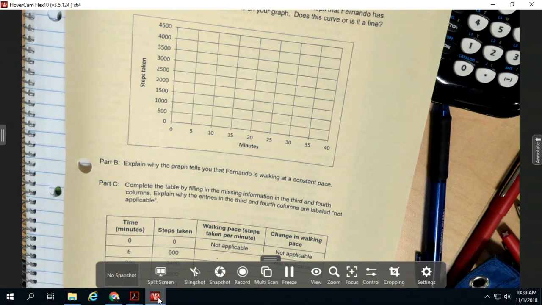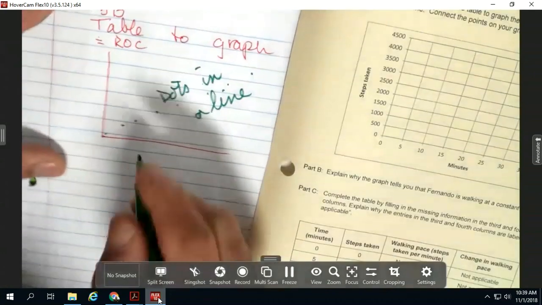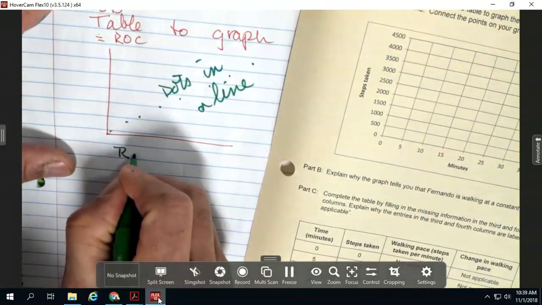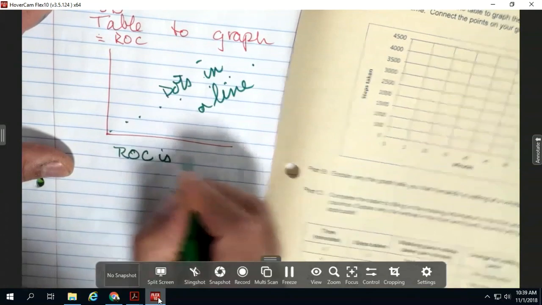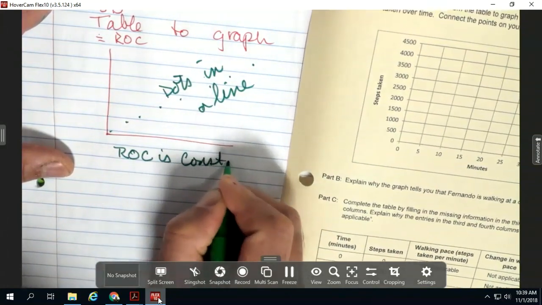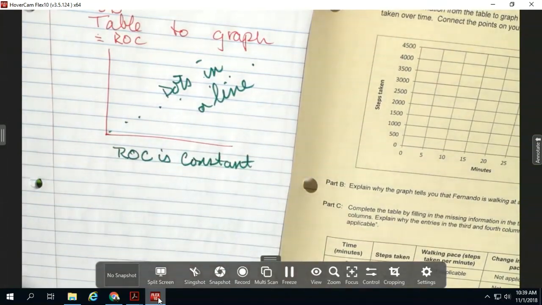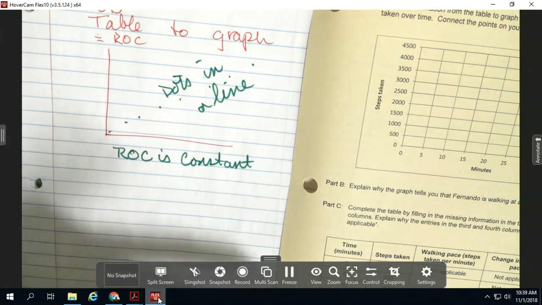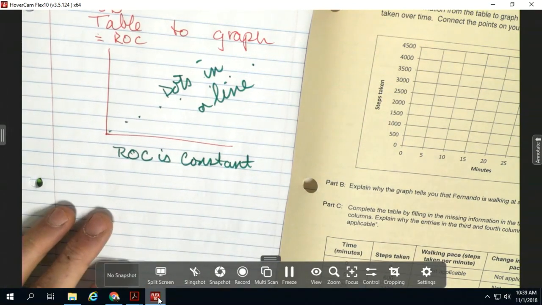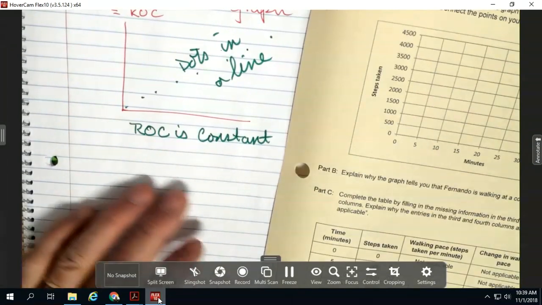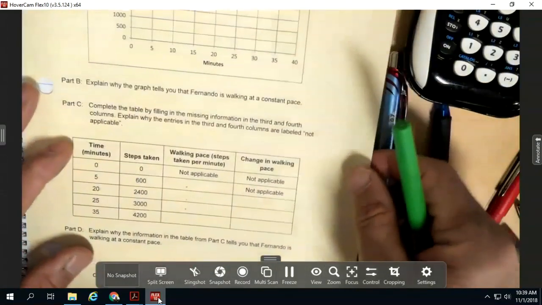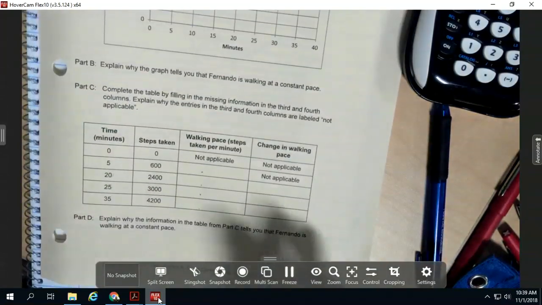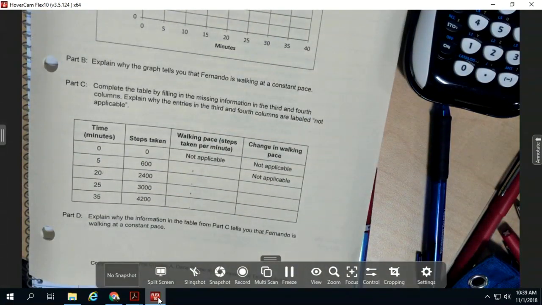How does the graph show us that? The rate of change is constant. Okay, so all of those are different ways to say that something is a linear function. So let's look here at the table for part C. See if you can fill in that table on part C. Go.